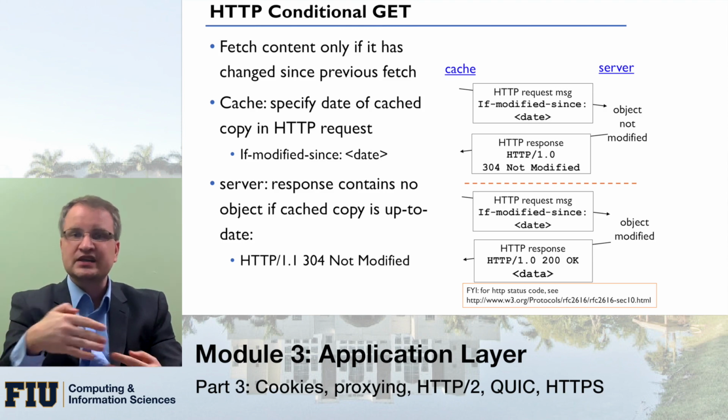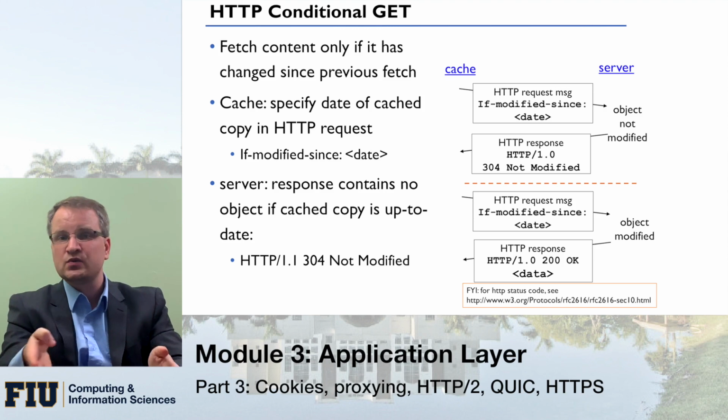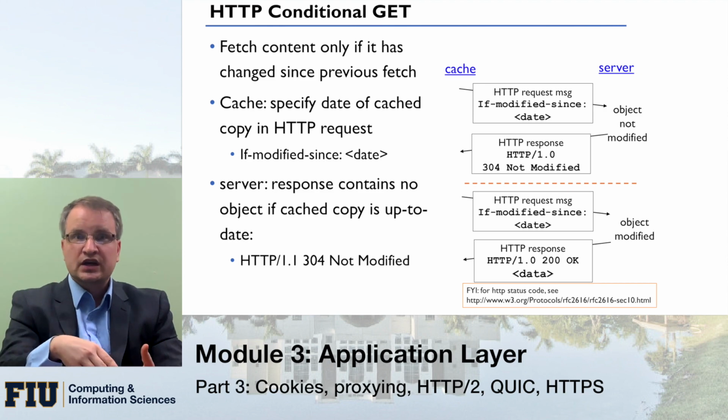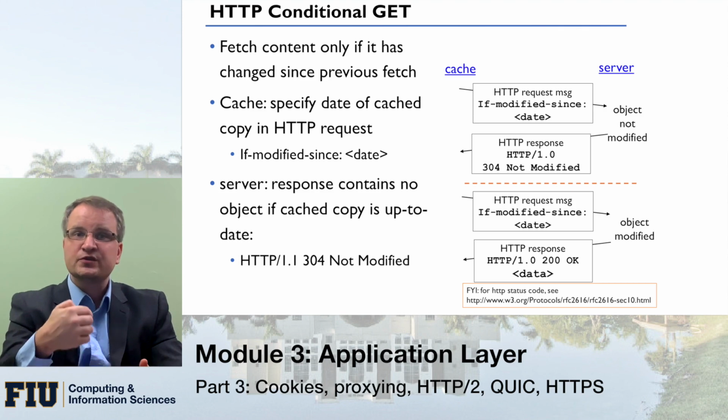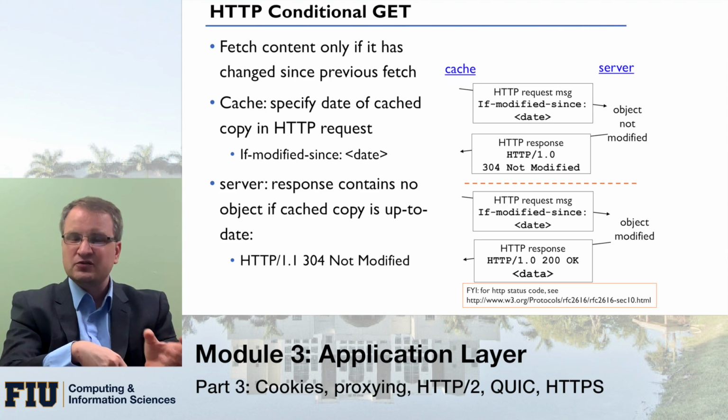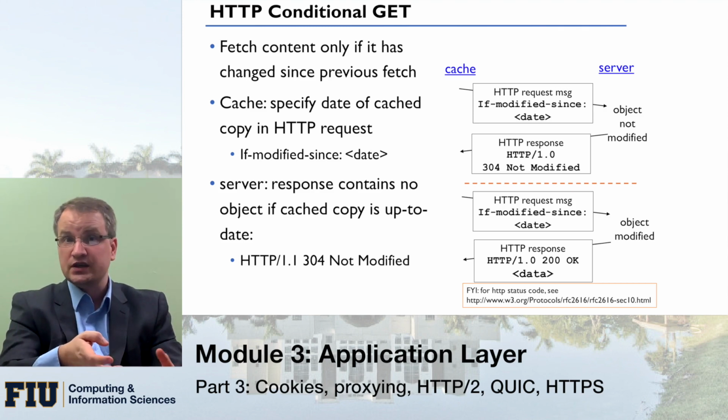It's done by your browser to the web proxy, and can be done by the web proxy to whatever origin server. So whenever you request information and you already have a local copy, you can send a request asking, give me the information if it wasn't updated since this specific date. It doesn't really identify the specific version, but it approximates the version using the date.